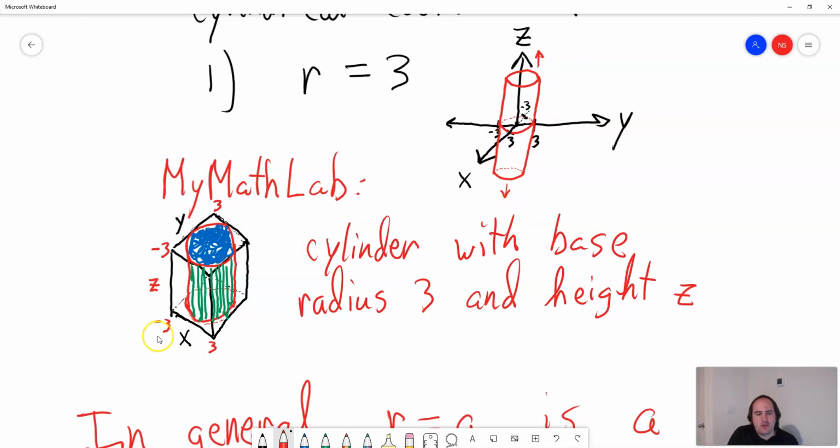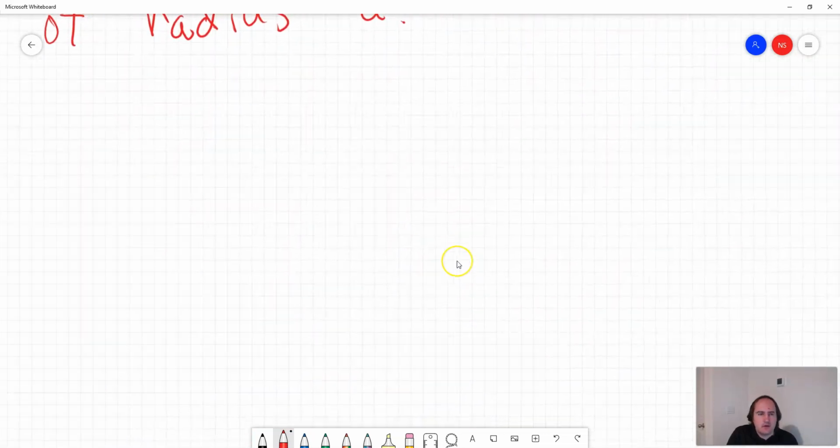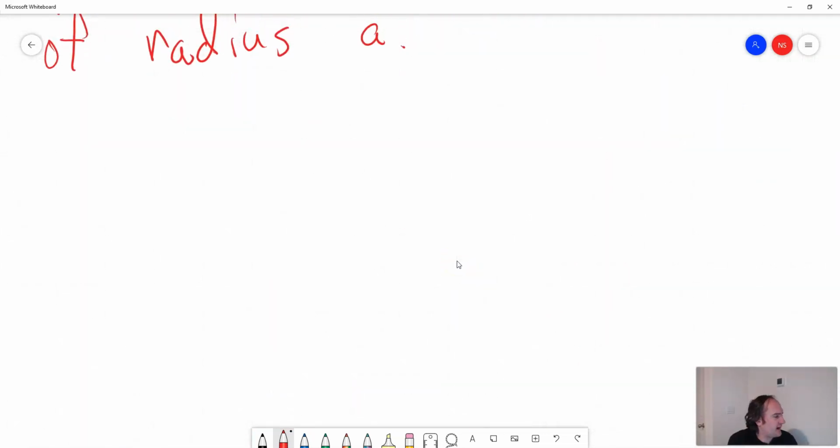So again, on MyMathLab, they just draw this little cube that includes part of the picture, but we know that this cylinder would actually keep going up and it would keep going down. Okay, cool. So that's the first type of graph that I wanted to talk about.